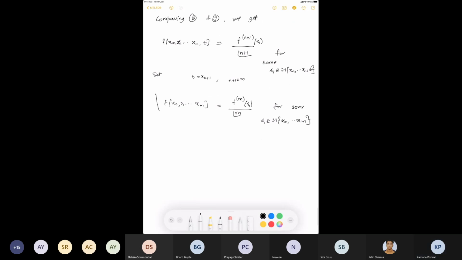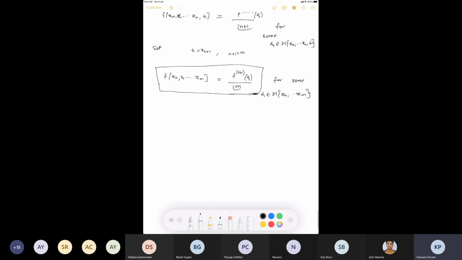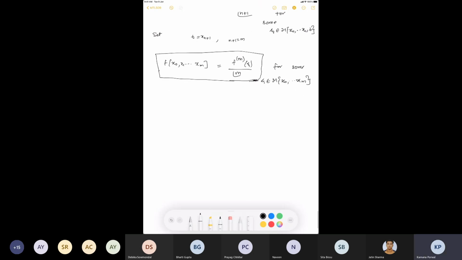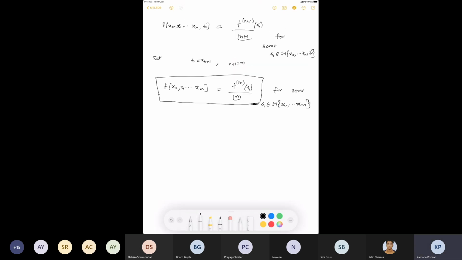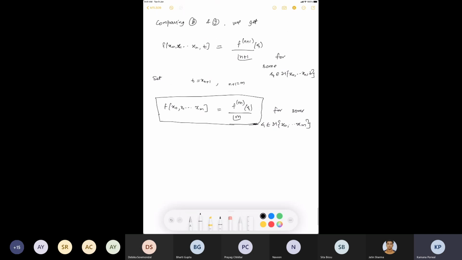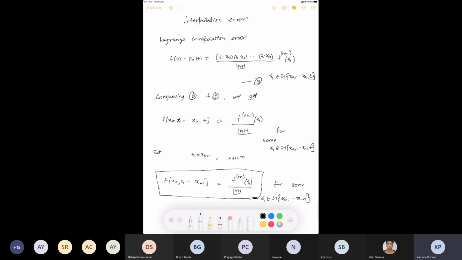This is the formula which I had used in the previous section in proving some of the convergence results. Basically it says that the mth order divided difference of f is related to the mth derivative of f at some point xi. So this formula is going to be useful at different places, and we'll see how we make use of it.